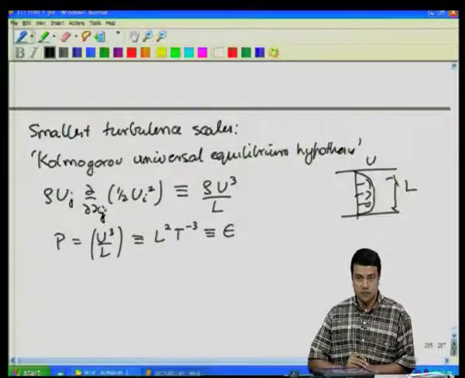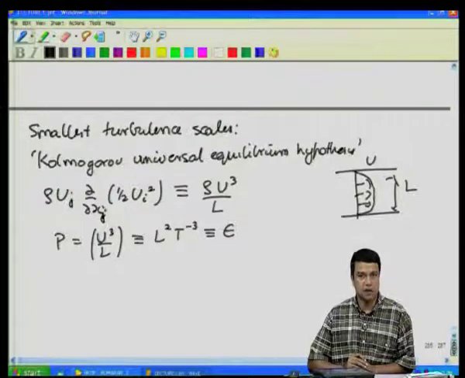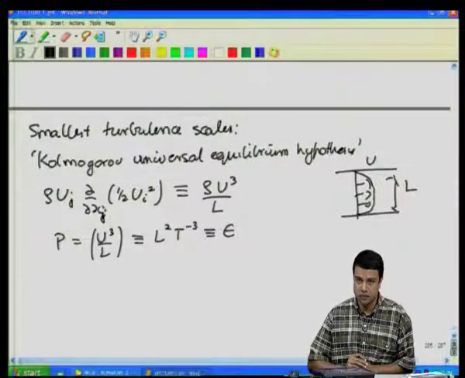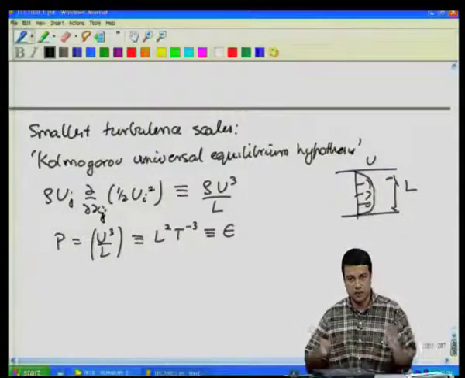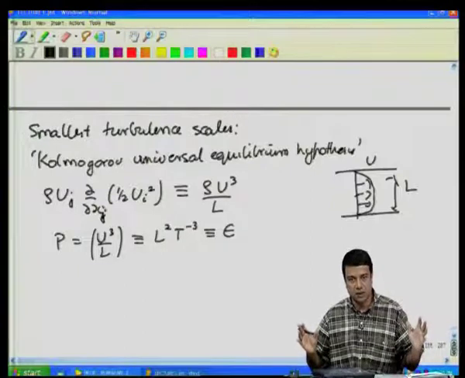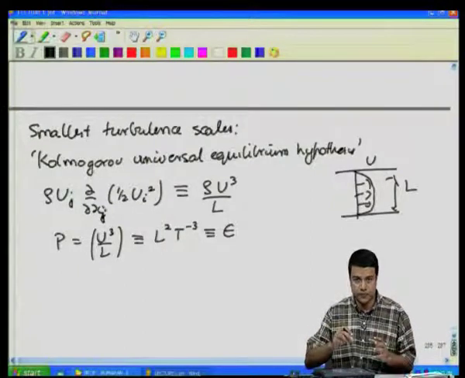For the smallest scales themselves, we assume that the length scale and the velocity scale are sufficiently small that they do not depend directly upon the macroscopic velocity scale u or the macroscopic length scale L, because a region that is very small compared to the macroscopic scales is going to respond only to the local environment.